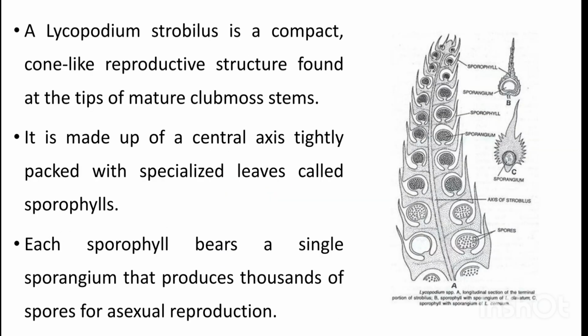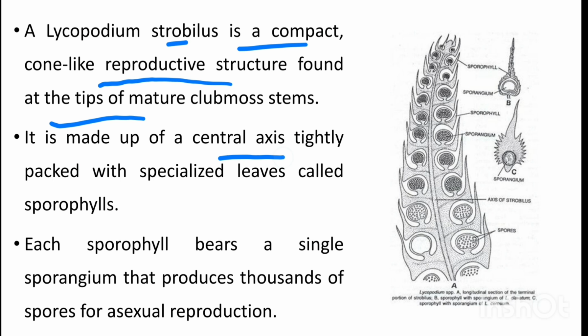Okay. Next, what are strobili, or singular, strobilus? It is a compact cone-like reproductive structure found at the tip of the matured club moss stem.